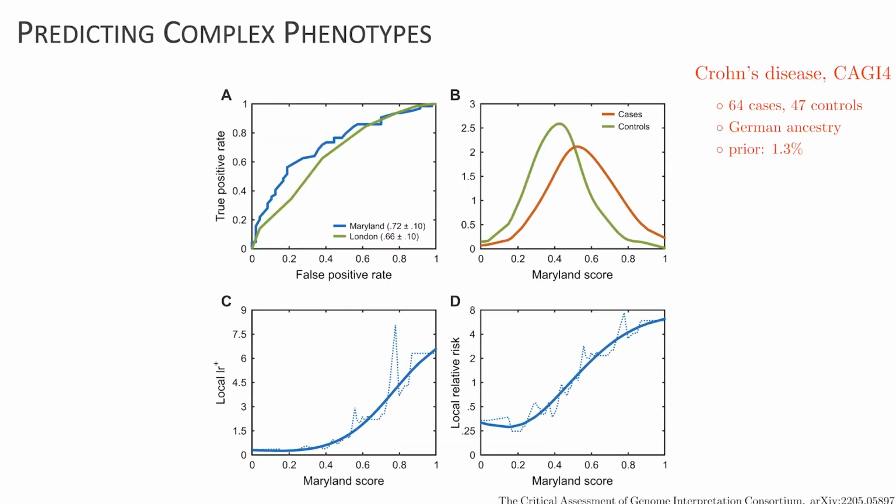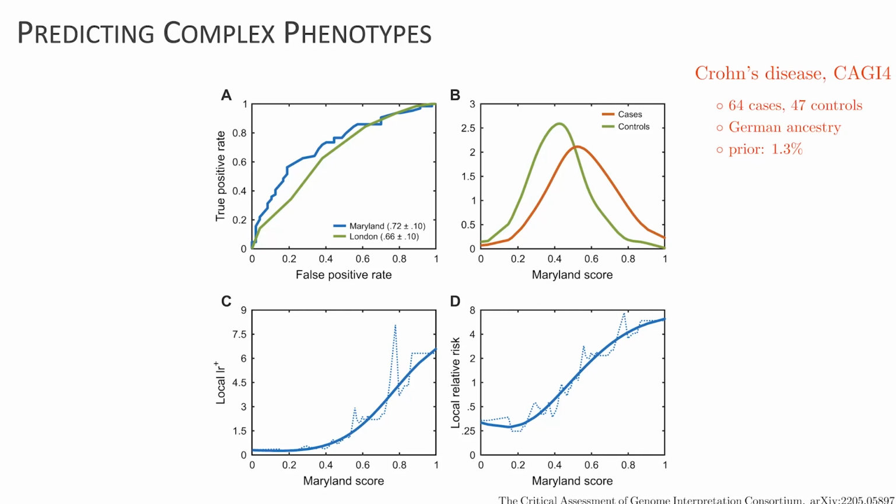Now, moving on to yet another type of challenge in this huge field of genome interpretation: prediction of complex phenotypes. This was an early challenge from CAGI4 on Crohn's disease, where we had around 111 patients, of which 64 were cases and 47 were controls. Those were exome data, all of German ancestry.